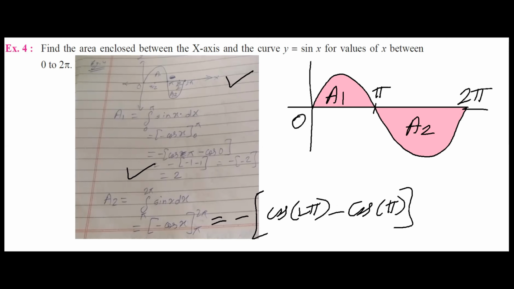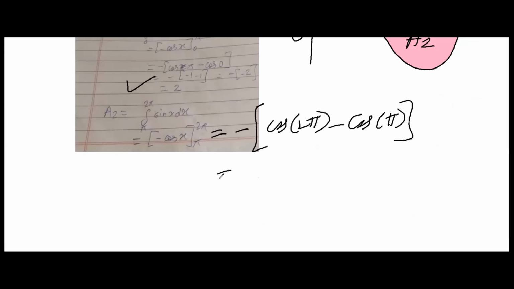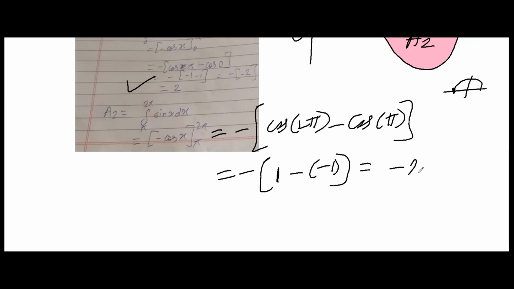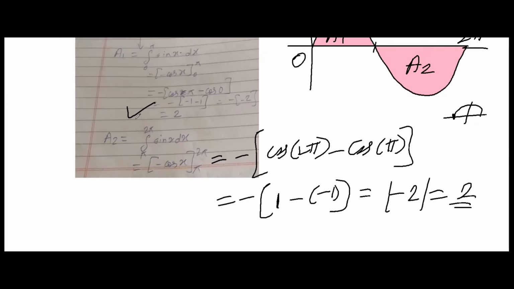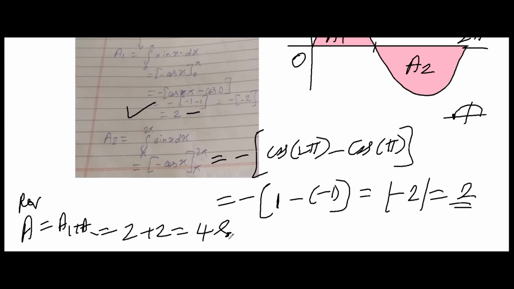So cos of 2 pi is nothing but cos of 0, which is 1, and cos of pi is minus 1. So the answer will be minus 2. You have to take the mod, so it will be 2. Here you are getting 2, and here also 2. So the required area will be A1 plus A2, that is 2 plus 2, which is 4 square units.